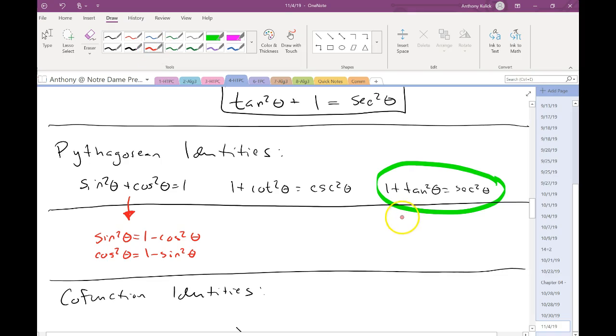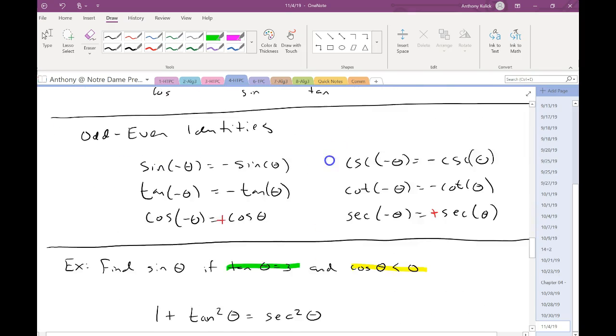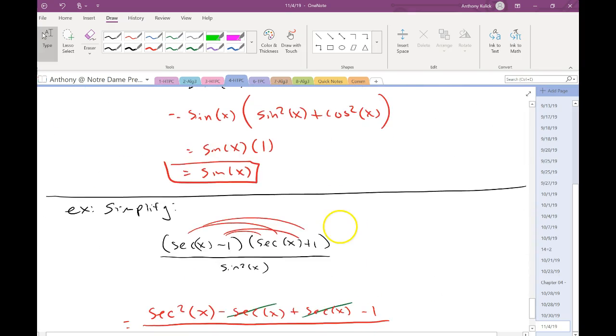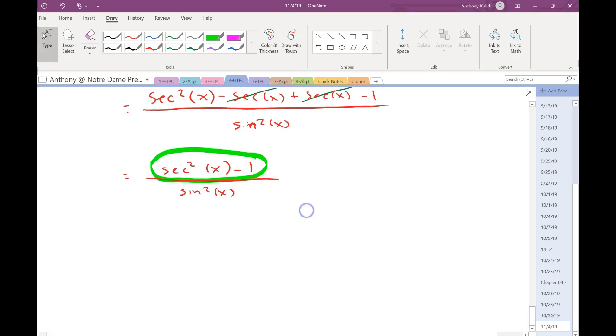Although they're not together, I could subtract 1 from both sides. And then there is exactly what I need, right? So I think the best course of action here would be to replace that secant squared minus 1 with tangent squared.